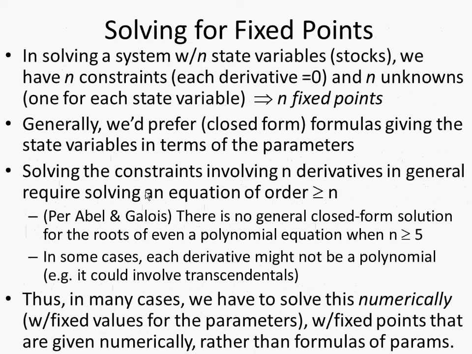Well, typically, though, that's a common value. And the larger the number of state variables, the larger the number of fixed points. And generally, we prefer formulas giving the values of the state variables at equilibrium, in other words, at these fixed points, in terms of the parameters. And to do that, we solve these constraints. We set the derivatives equal to 0.